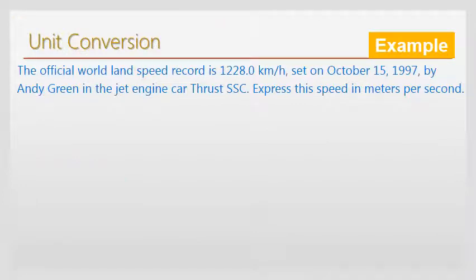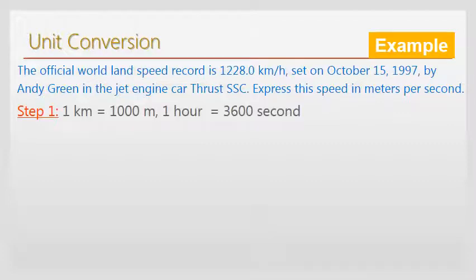Another example for the conversion of units: if the official old land speed record is 1228 km per hour, which was set on October 15, 1997 by Andy Green in the jet engine car Thrust SSC, you are asked to express this speed in meters per second. Following the same strategy as before, recall the conversion factors of kilometer to meters and hour to seconds.